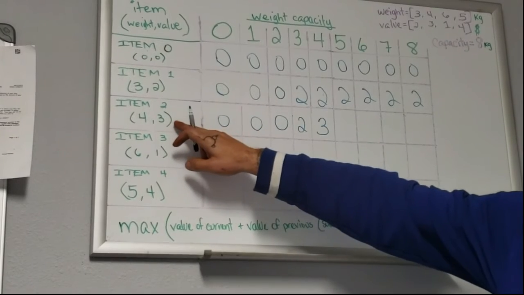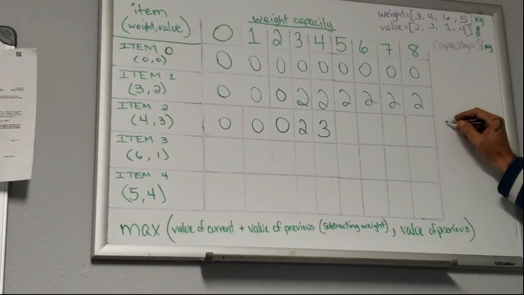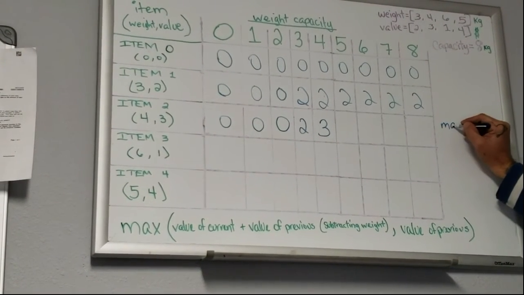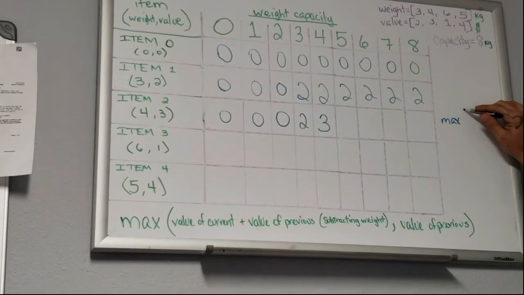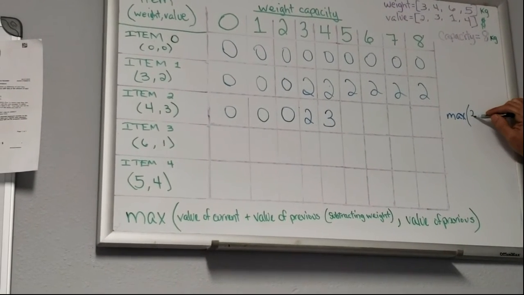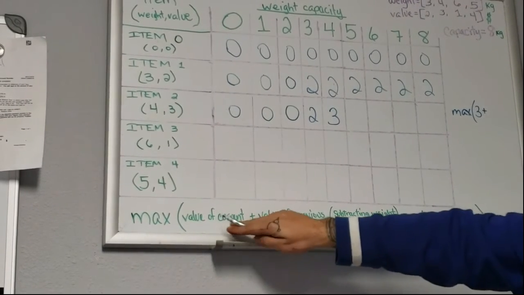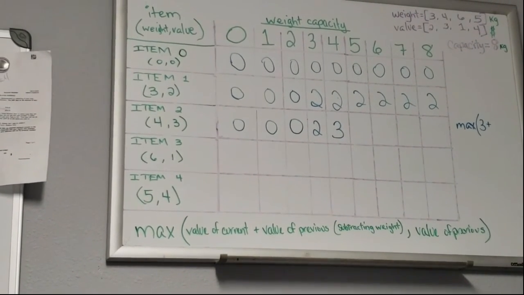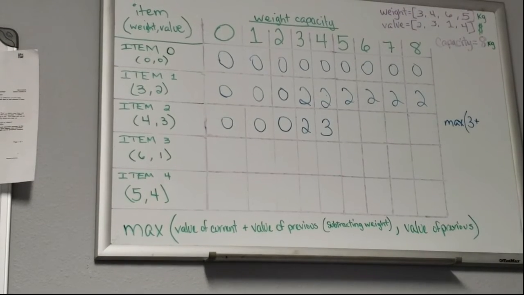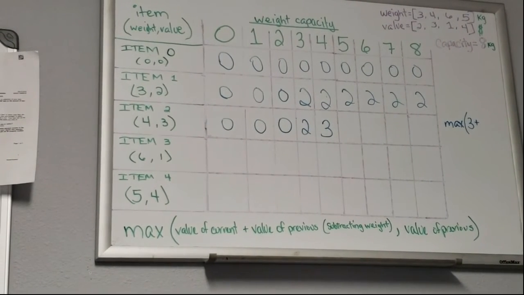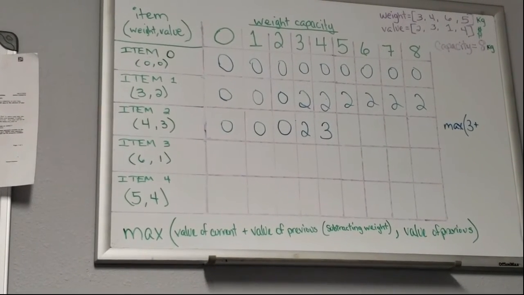The current value here would be 3. So here we want to find the max value of 3 plus our current value plus the value of the previous.